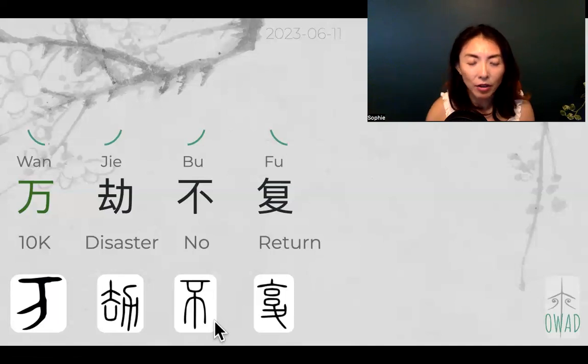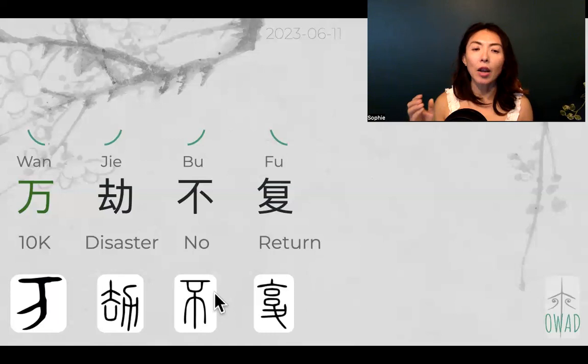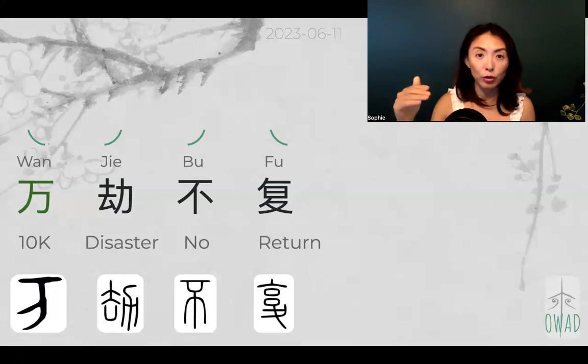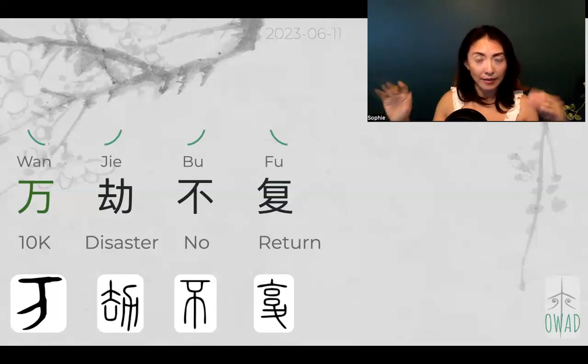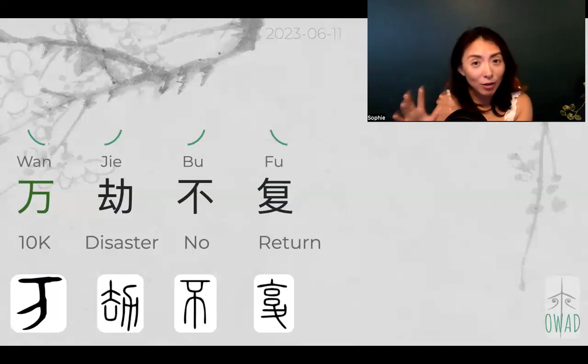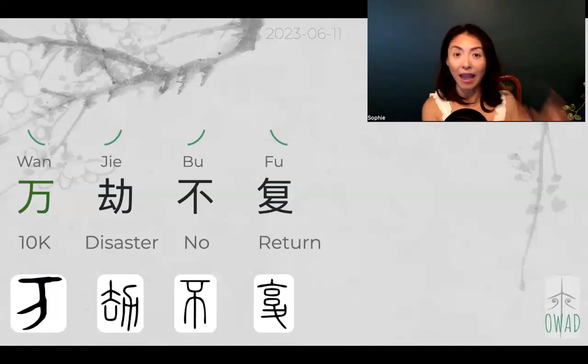So the symbol of enter is basically a concave shape that signifies the original space. And then this sharp pointy thing is piercing or puncturing through a kind of boundary between the old space and the new space, and you punch through that, and this puncturing through is the action of entering.